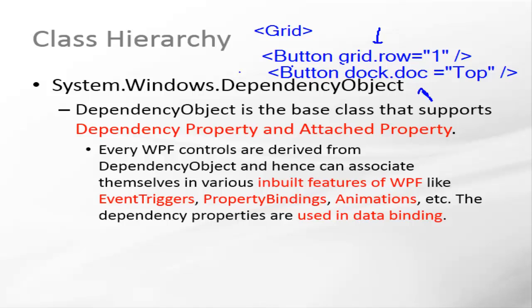So this property is not part of the button. This property was part of the grid, or a part of the dock panel or something else. But the button takes that property and starts using it as though it is its own property. And that is what is called an attached property. So the button attaches a property of the other component and uses it.